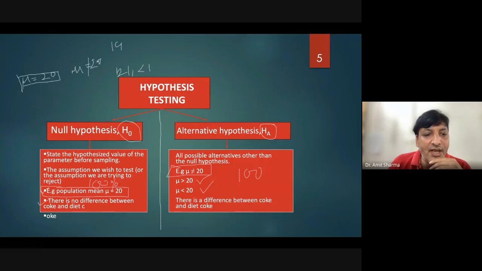But the alternative hypothesis says that there is a difference between both. You can code this difference with the help of sugar content: the sugar content of the diet coke and the sugar content of the simple coke are different.